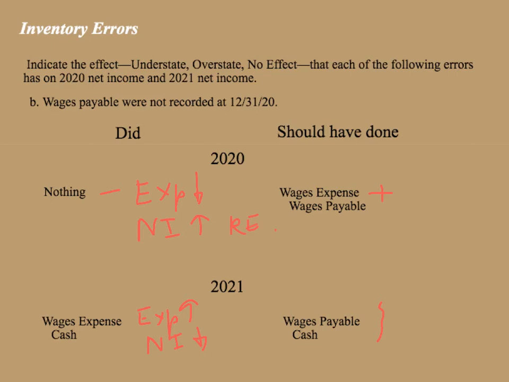But if you look at year 2021 and close the low net income, net income is lower by the exact same amount. So there will be a zero effect on retained earnings, because remember, it's a permanent account, so you will have accumulation over 2 years. So this is a counterbalancing error. It will counterbalance or self-correct within 2 years.